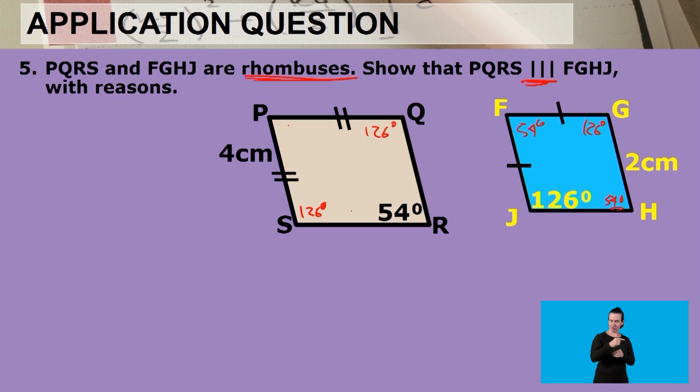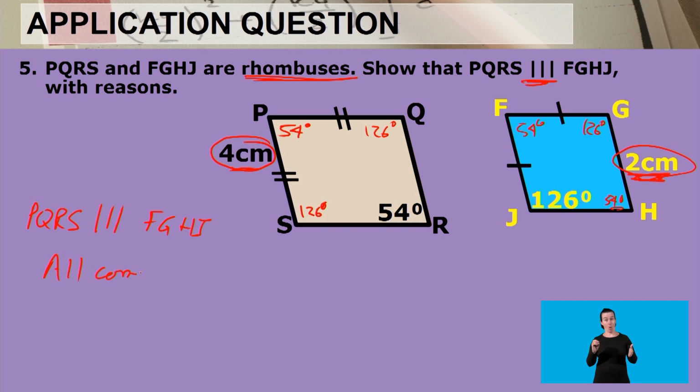Opposite angles of a rhombus, and that means angle P is also 54 degrees. Therefore, I can say PQRS is similar to FGHJ, and my reason would be all corresponding angles are equal.